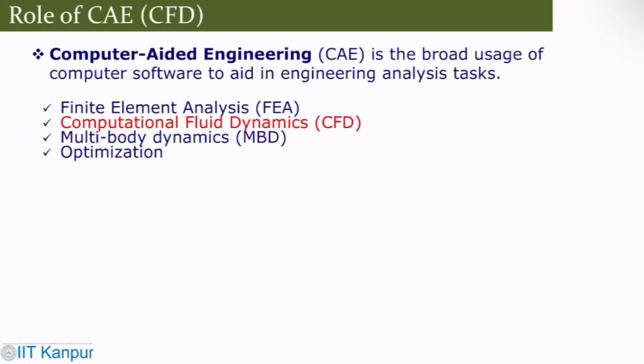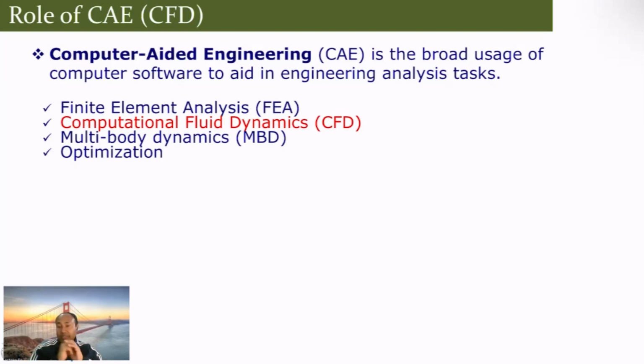So the tools involve finite element analysis, which we talk about when we talk about structural responses, and multi-body dynamics, which is also important for designing certain components of this optimization procedure. There could be some more; these are only a few listed here, and CFD. CFD is used for fluid flow and heat transfer problems.